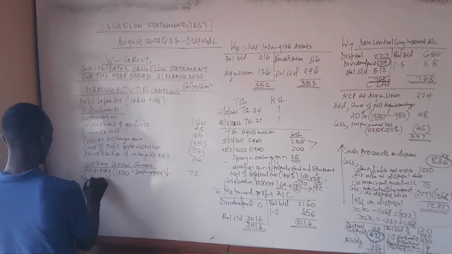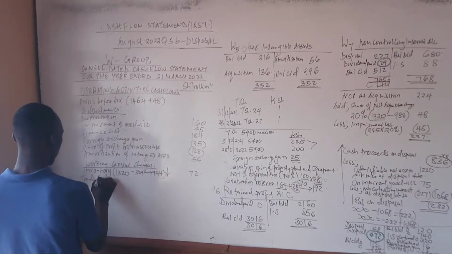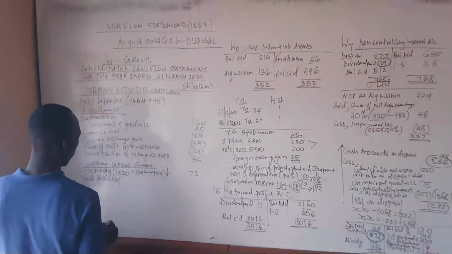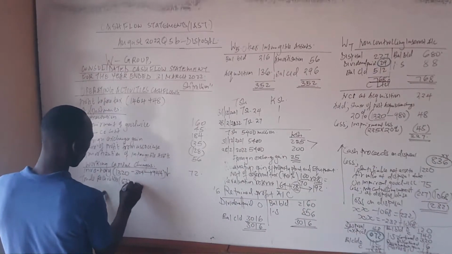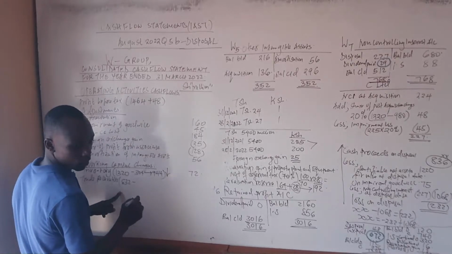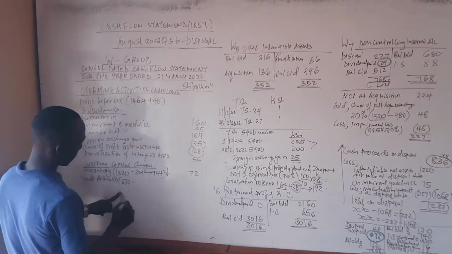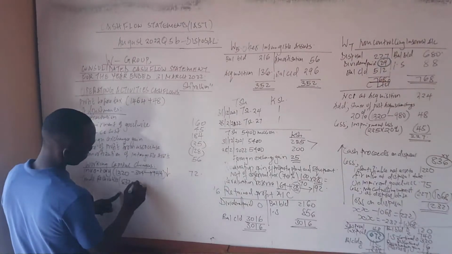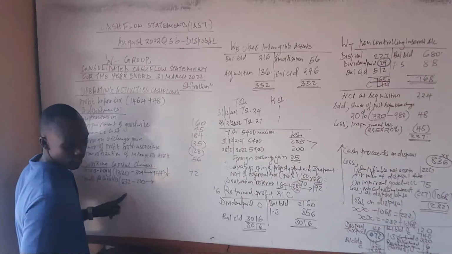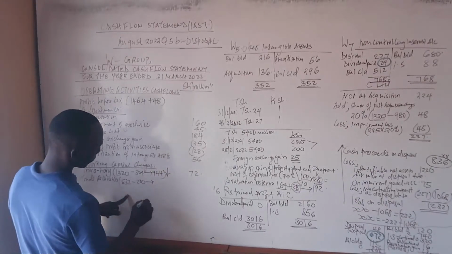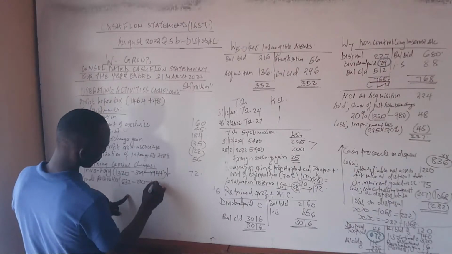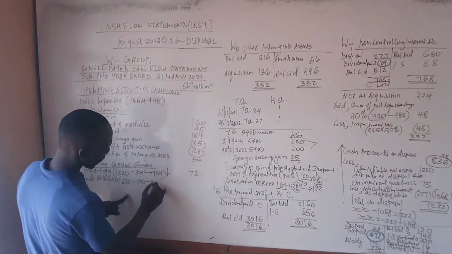Then we have trade receivables. At the beginning we had 832. How much did we dispose? We disposed trade receivables of 220. How much do we have at the end? At the end we have trade receivables of 920.